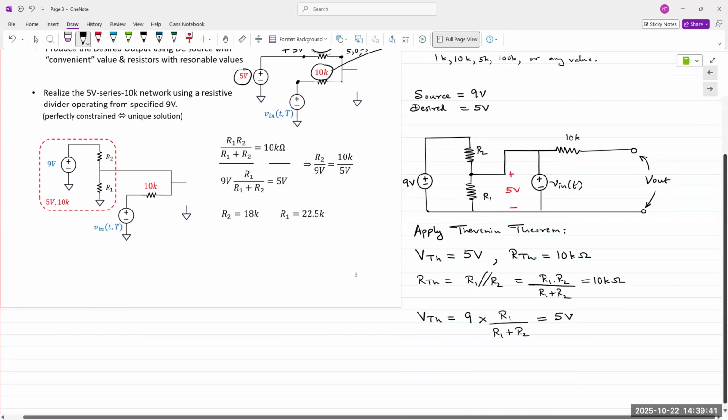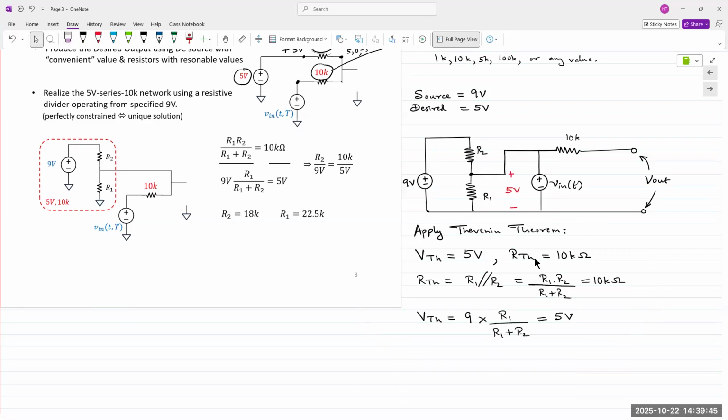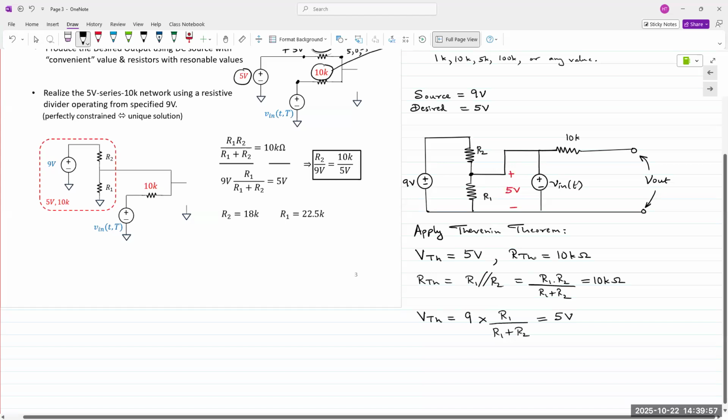All right, let's continue with this. Once we apply Thevenin's theorem, we have both RTH and VTH equations. We can plug the second equation into the first one and obtain this expression right here, where we can rearrange the terms and determine the value for R2.